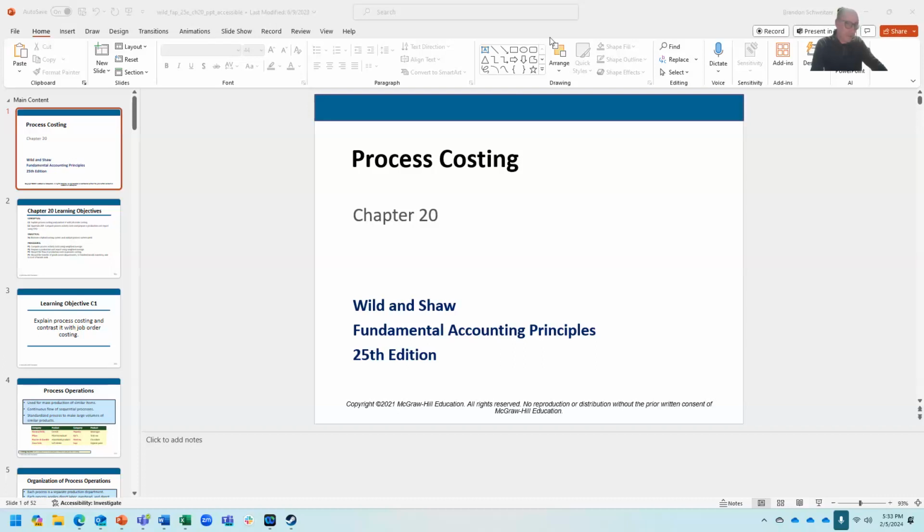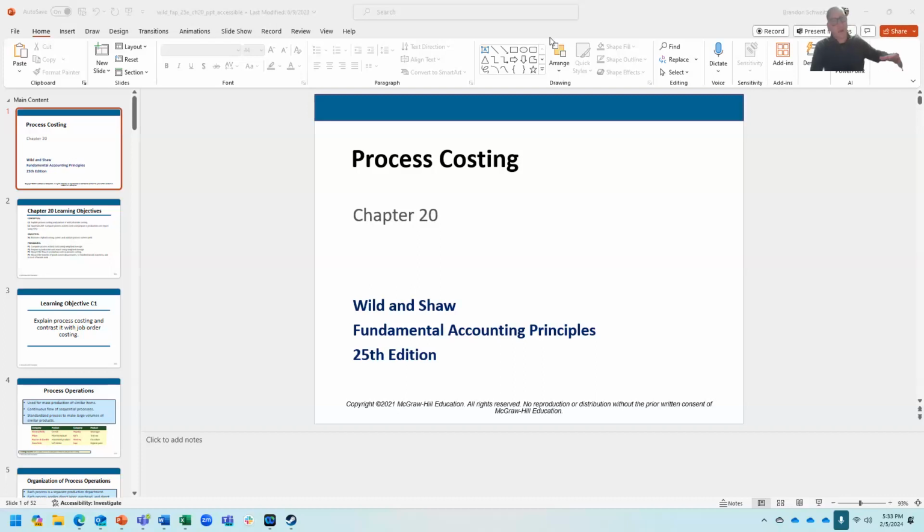Before we jump into the conversation, I want to bring you back to last week. I want you to think about what we talked about when we talked about job order costing. As I mentioned last week, job order costing is when we focus on the individual customer's order.